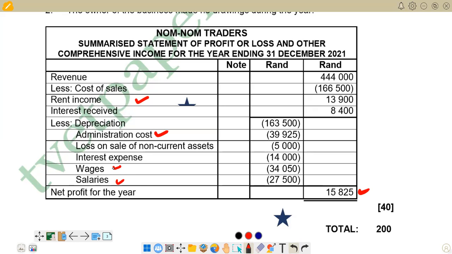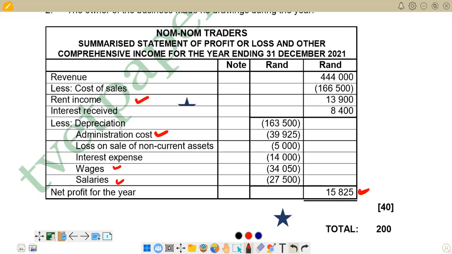These ones we are not going to adjust again because they are part of the amount that we are looking for. Remember, we are looking for the cash paid to suppliers and employees. So wages become part of the cash paid to employees, and also salaries become part of that. So you're not going to include them because they are part of that amount. So with that, it means we have exhausted what we are supposed to include there.